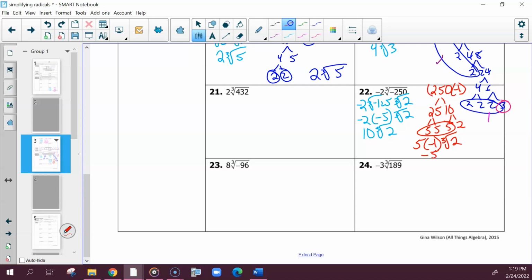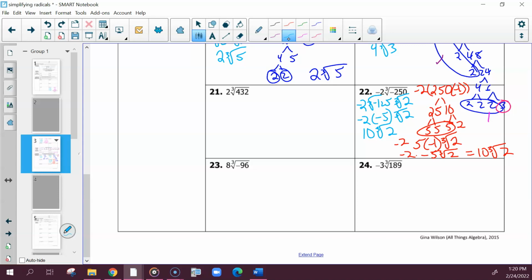Oh, I forgot the negative 2 up front. Okay, and that would still give us our positive 10 times the cube root of 2.